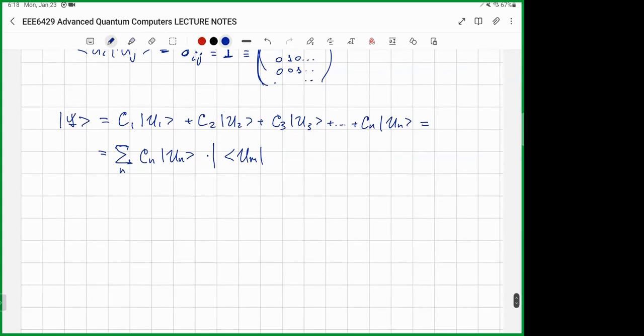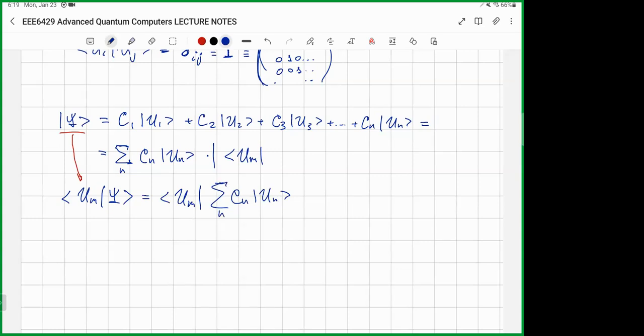So I multiply from the left both sides. So I write bra um here and then this vector psi on this side. This is the result of the product. And the second one, the right side, will be um times the sum over n of cn un vector.